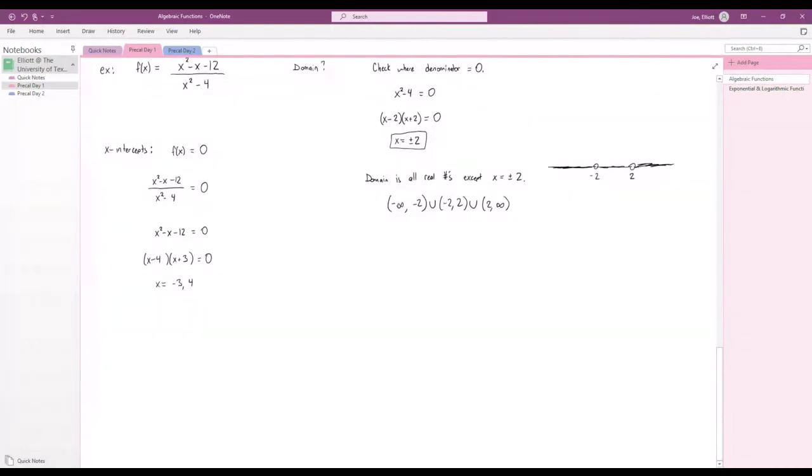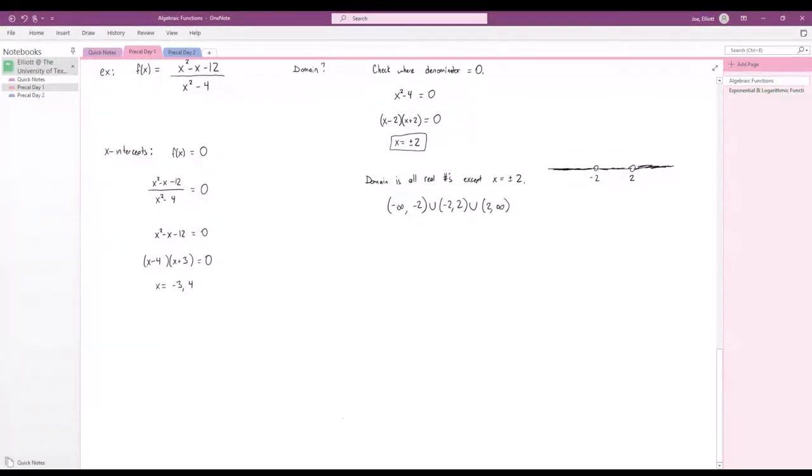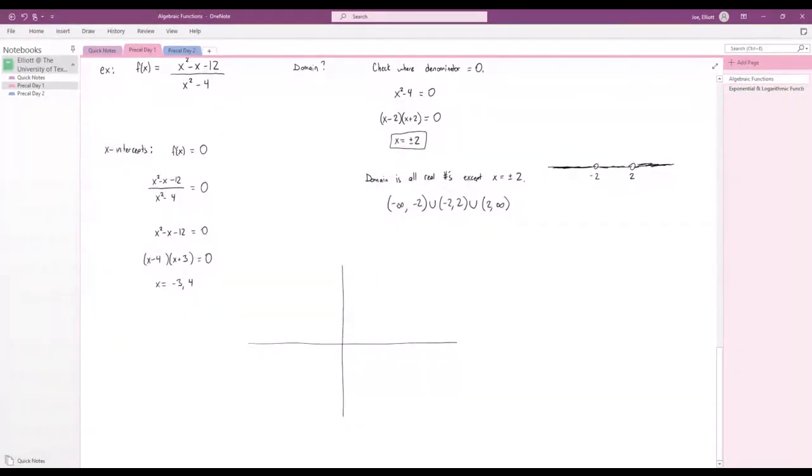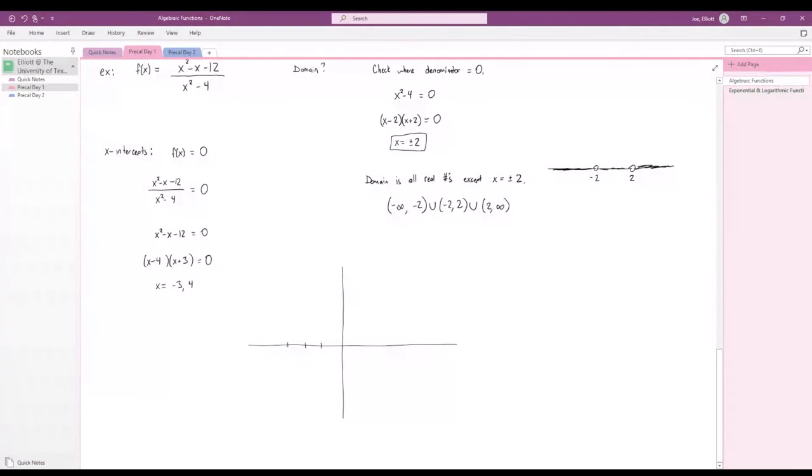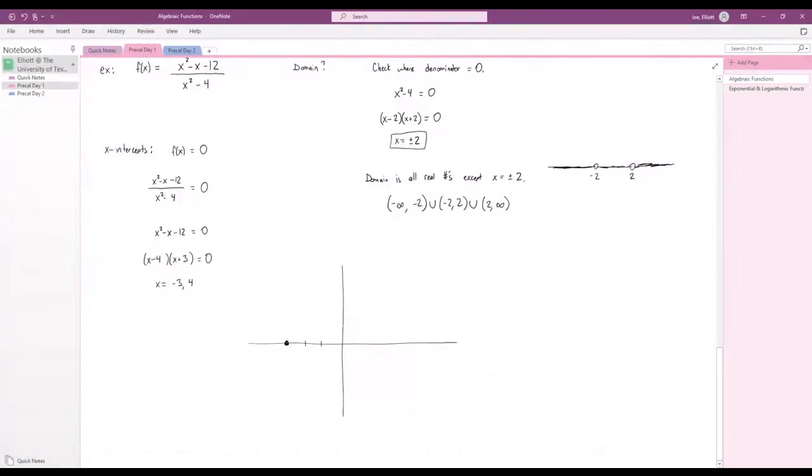So if I were to get a rough sketch of what this function's graph might look like: when x is -3, I know that it has an x-intercept there, so it'll pass through that point.